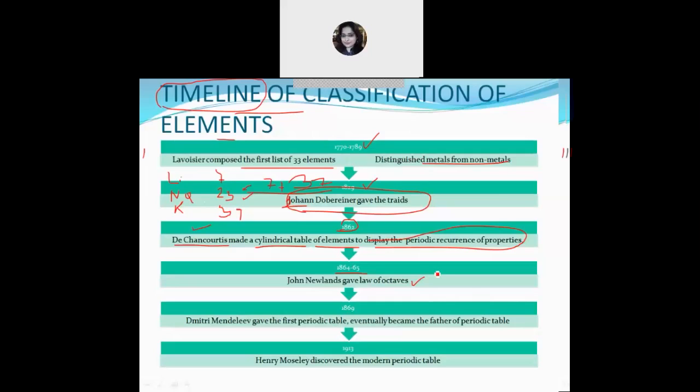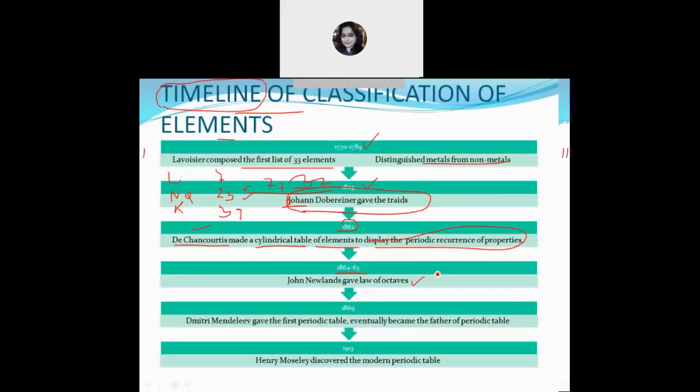But remember one thing, that at that time all the elements were not known and the noble gases were also not known. Okay, so the problem here was, John Newlands took some elements like lithium, beryllium, boron, carbon, nitrogen, oxygen, fluorine, sodium, magnesium, aluminium, silicon, phosphorus, sulfur, chlorine, potassium, and calcium, and studied the recurrence of the properties. But after calcium the next element was not similar to aluminium.